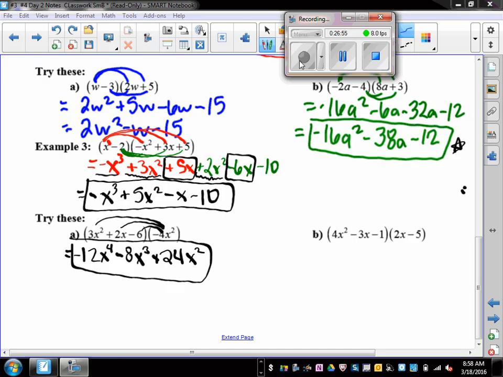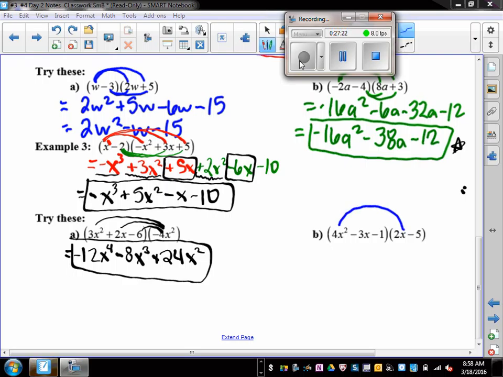Alright, so with B, we could do this again a couple different ways. I could distribute each of these, or you can go from right to left. You could distribute these. Either way, we'll give you the exact same thing in the end. Okay. Just to stick with what we've been doing, I'm going to go from left to right.